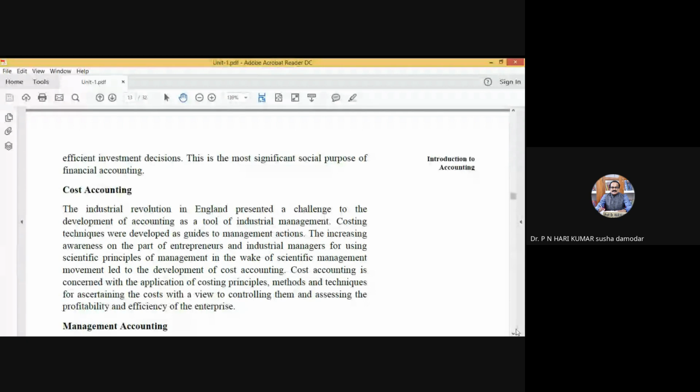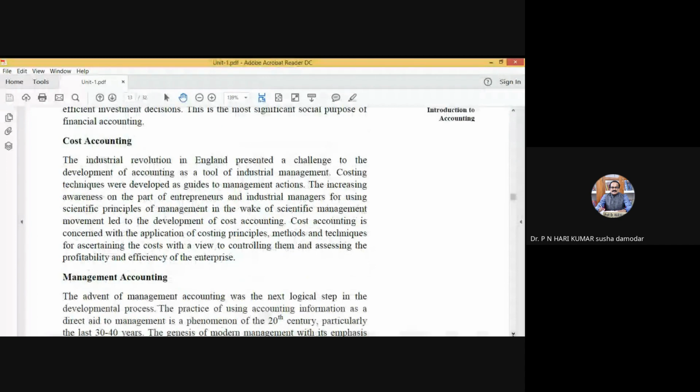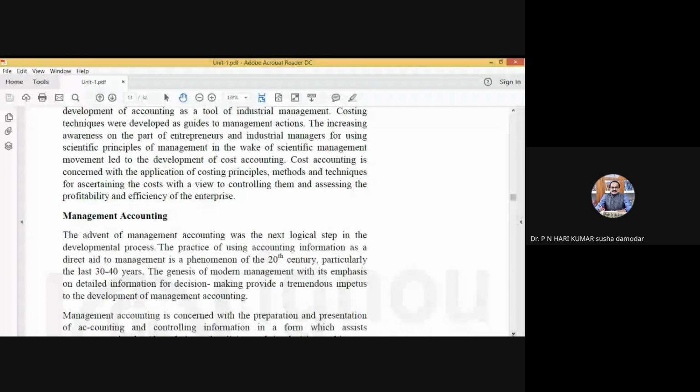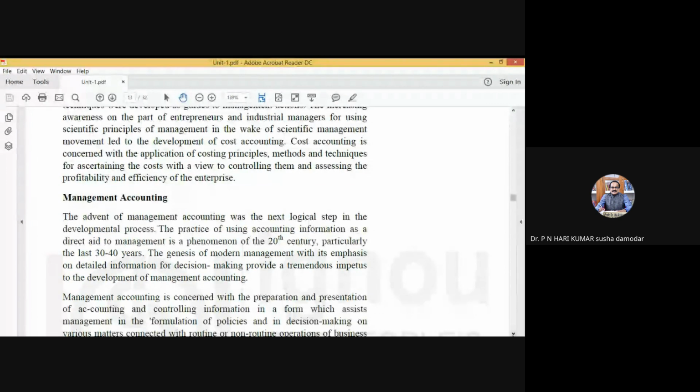Then the fourth phase of accounting is management accounting. Management accounting draws information from financial accounting and cost accounting. Financial accounting deals with the cash transactions. What is the cash surplus and what is the cash deficit? What is the profit and what is the loss of an organization?